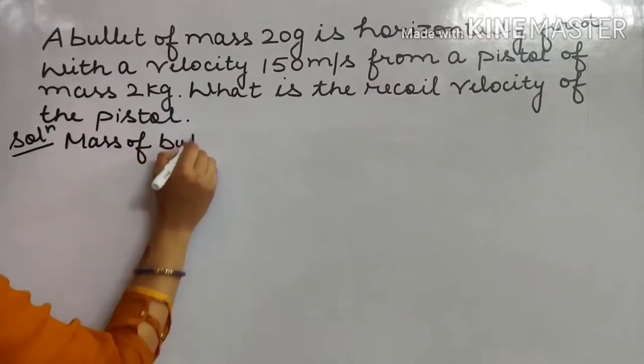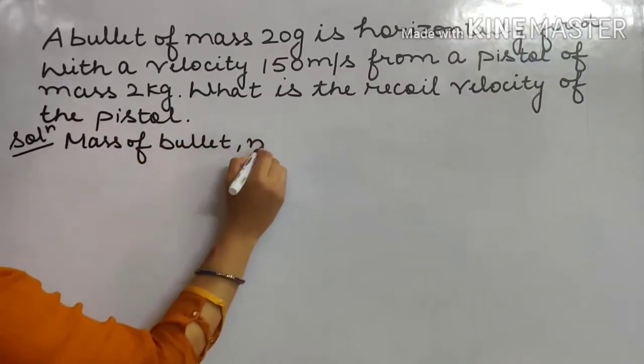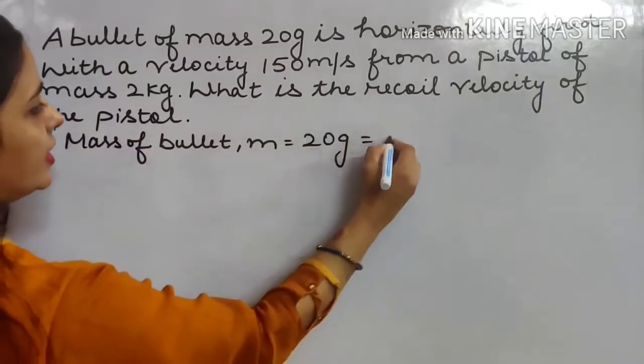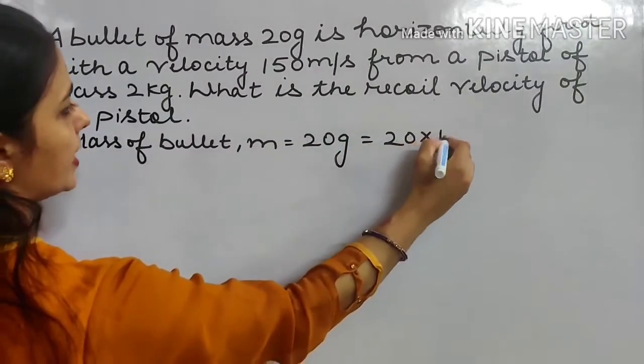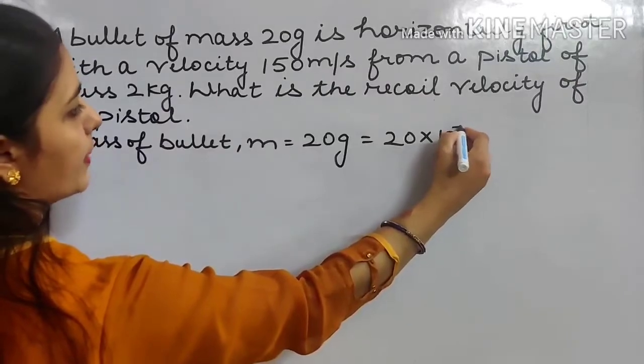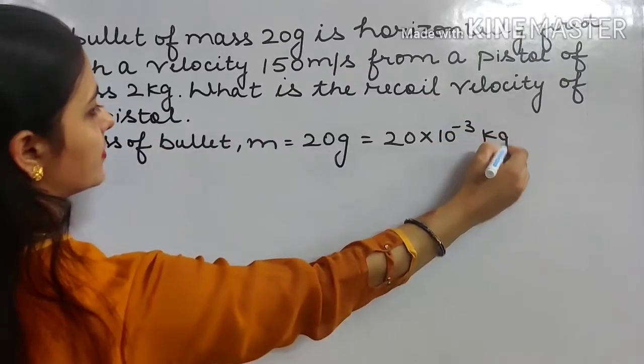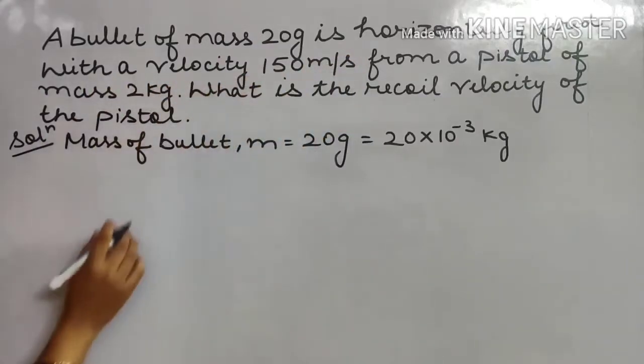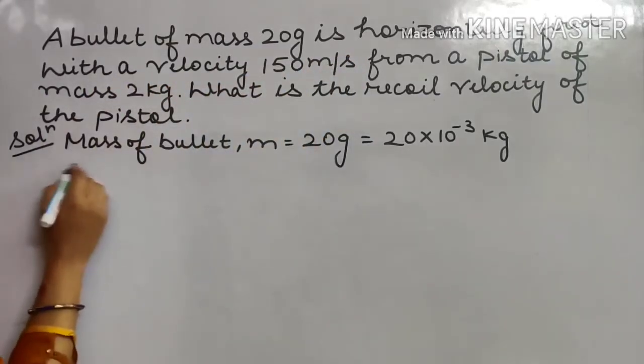Mass of bullet, let's say small m, is 20 grams. We can write 20 multiplied by 10 raised to the power minus 3 kg. Fired with a velocity 150 meters per second.